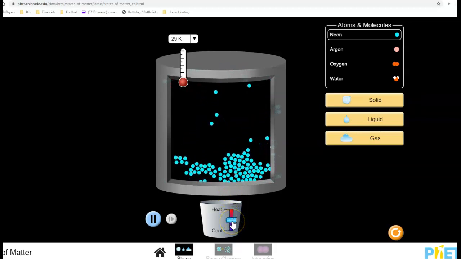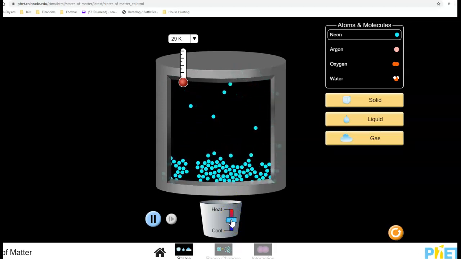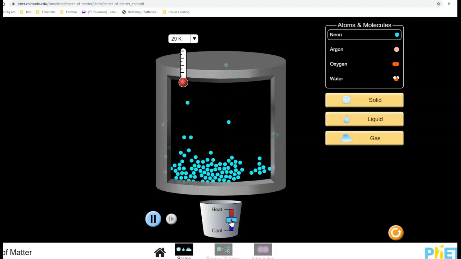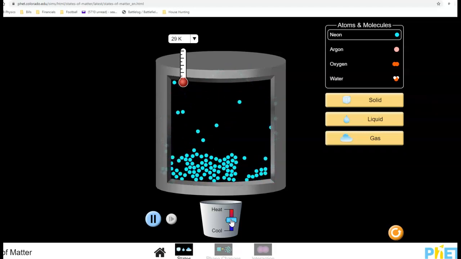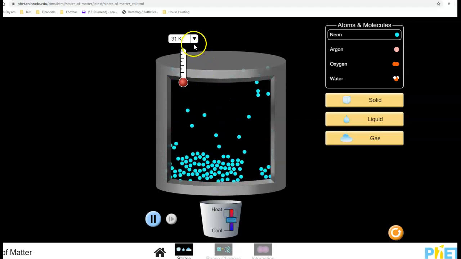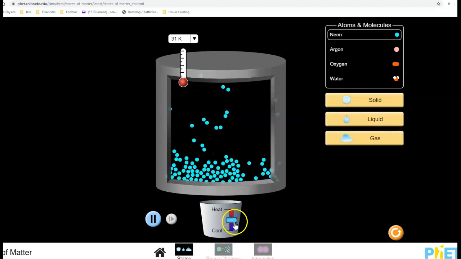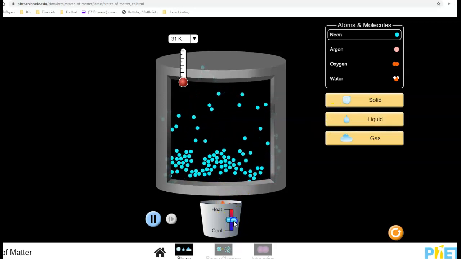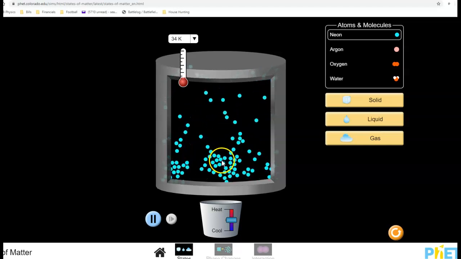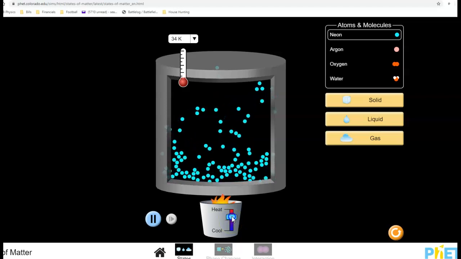As I cooled it down, the individual atoms begin to move more slowly, and when they reach 0 Kelvin, absolute zero, they stop moving completely. Now as I'm increasing the temperature, notice I'm at 31 Kelvin now. It's already become kind of like a liquid. It was a solid before. And if you look at each individual atom, they're vibrating faster, shaking faster, moving faster, they have more kinetic energy.